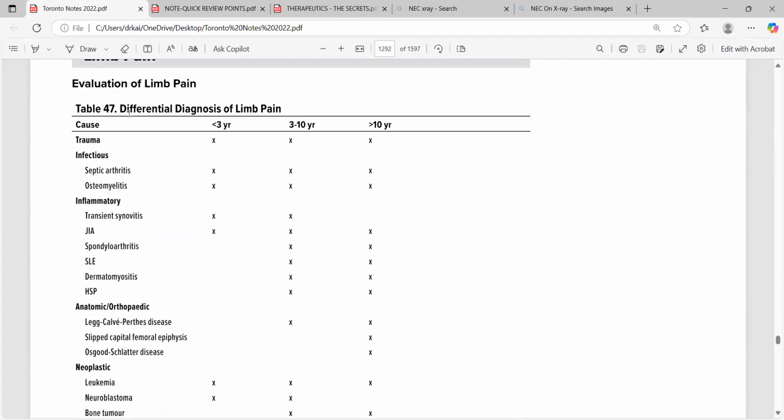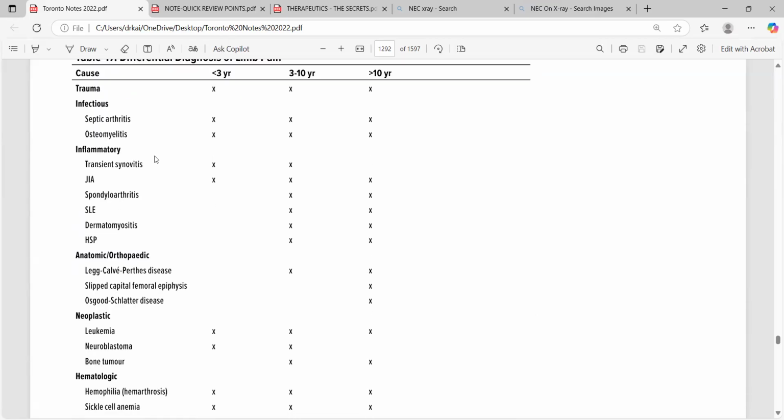Here is the table you can see for the differential diagnosis, okay? Like in this one, the most important are Legg-Calvé-Perthes disease, slipped capital femoral epiphysis, and Osgood-Schlatter disease. So Legg-Calvé-Perthes is basically 3 to 10, more than 10 can present, but slipped capital femoral epiphysis is more than 10, and Osgood-Schlatter is also more than 10.